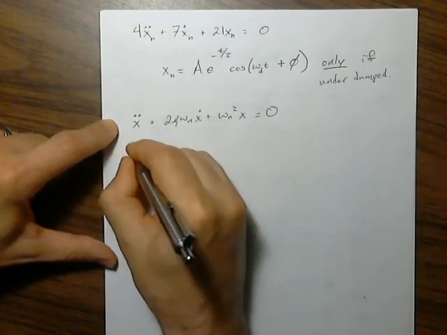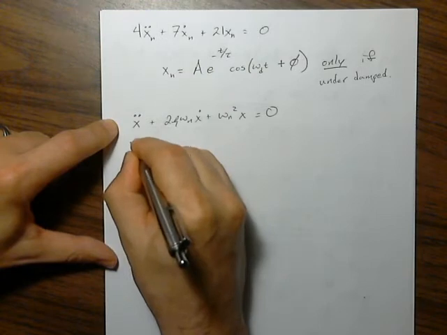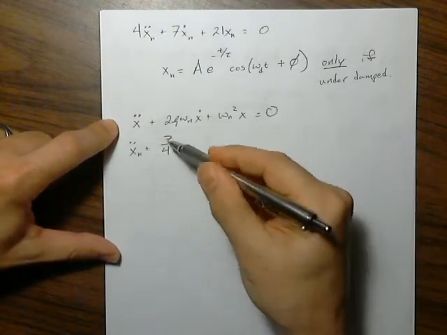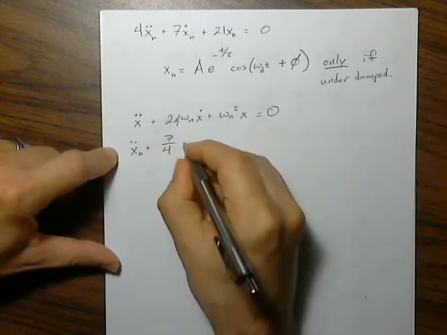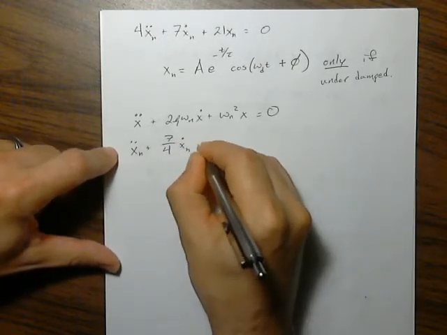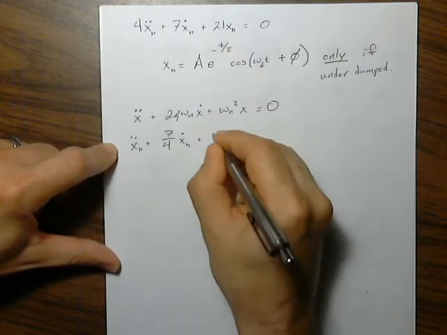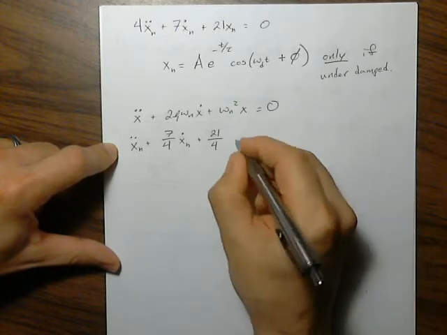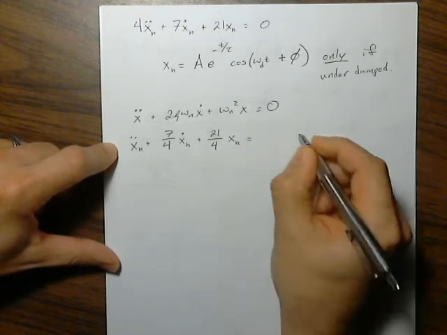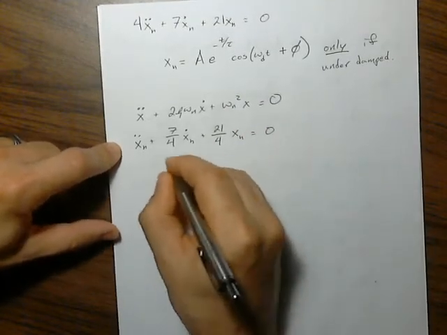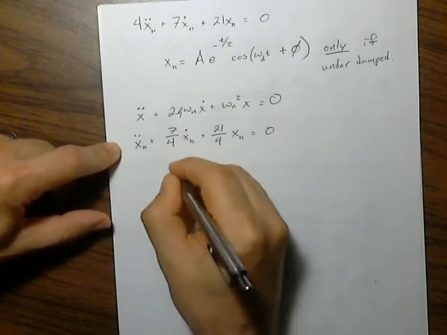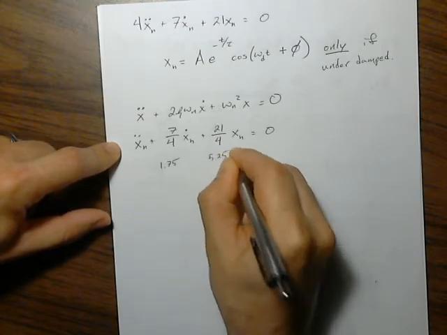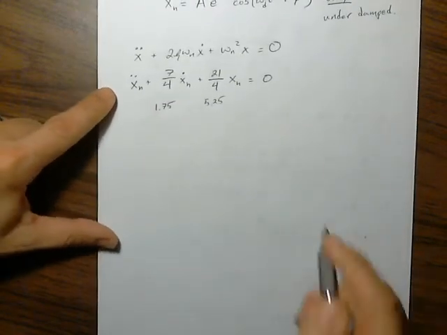No problem. That's going to end up being xh double dot plus 7 over 4, well, that's just 1.75. And this is 21 over 4, so that's 5.25. Let me write that just to make this a little easier. Okay, and now we set the like terms equal.